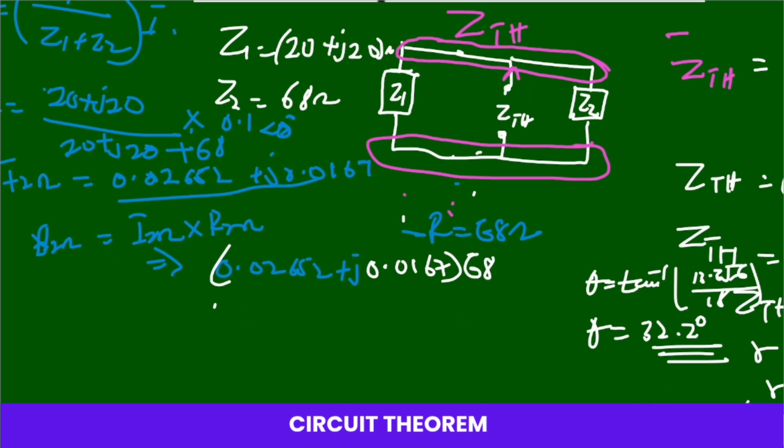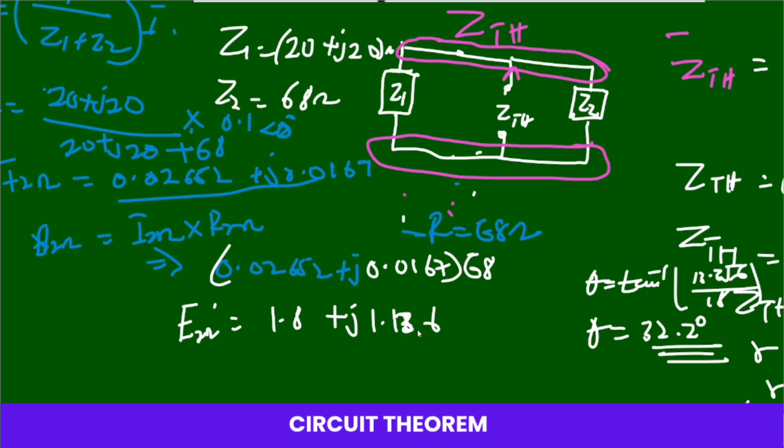Which will give us a final solution of the E in the 2 ohm to be equal to 1.8, right, plus J 1.136.